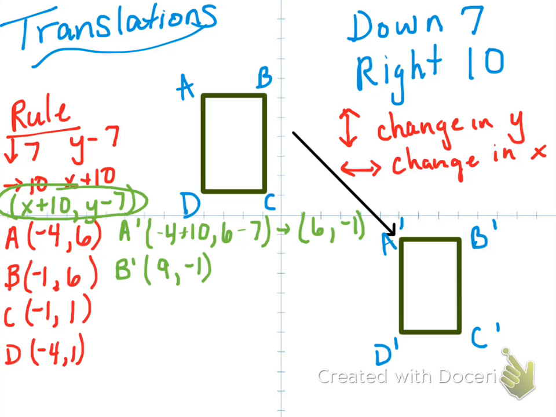B prime: -1 plus 10, we've got 9, and 6 minus 7 gives us -1. So B prime is 9, -1. And I'll let you notice what happens to C and how it becomes C prime. And then there's D prime.